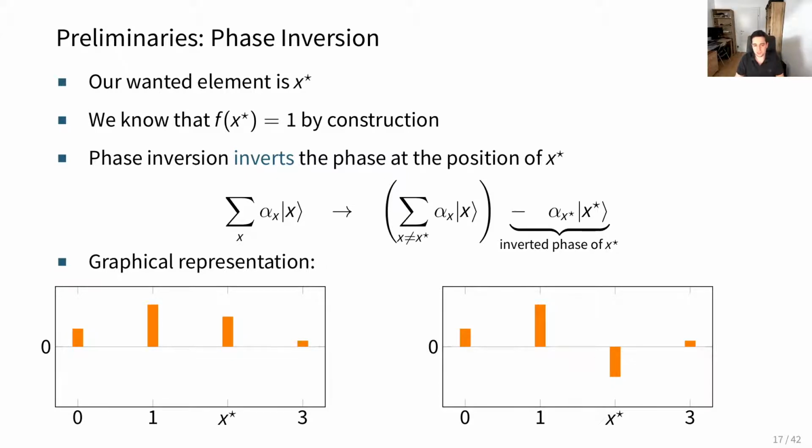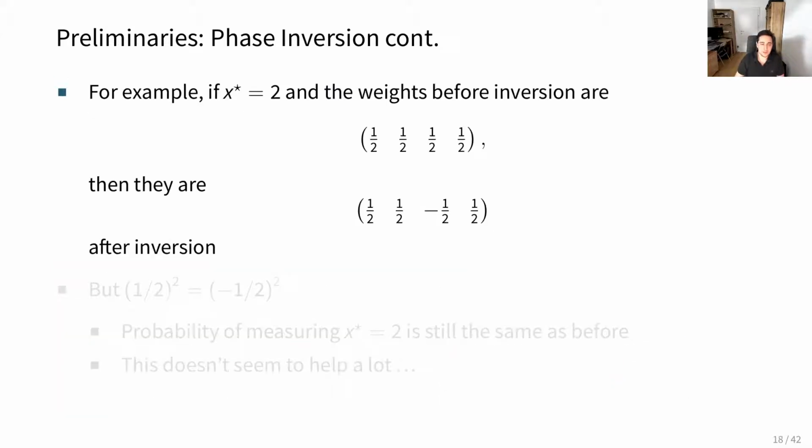Okay, this doesn't help a lot, right? But let's see an example. If we're looking for 2, like in this picture, and the weights before the inversion are 1/2, four times 1/2, and remember that the squares have to sum to 1, so the probability for each is 1/4. Then after this phase inversion, we have the same vector but with a minus before the second one.